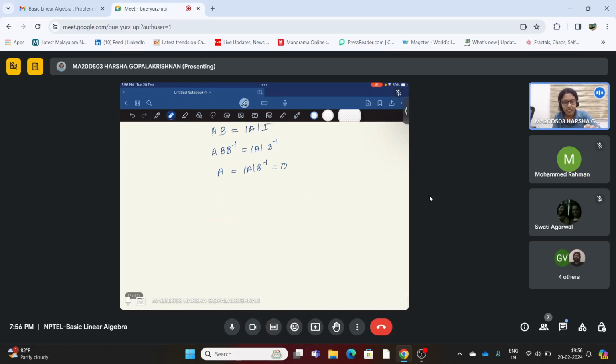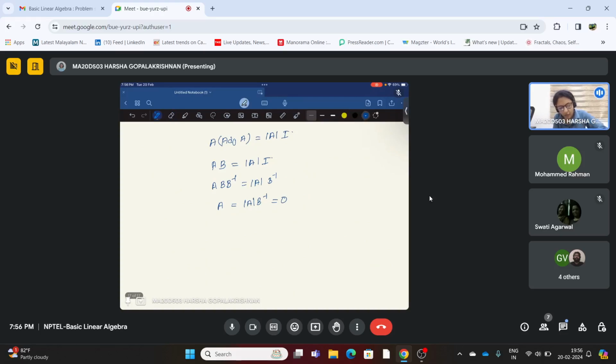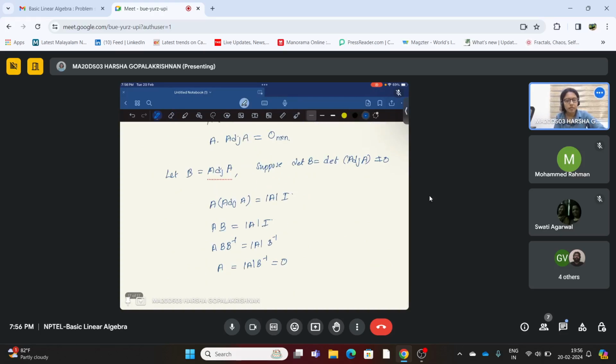What we are getting is A equal to 0. Is this clear till now? Now, what is adjoint of A? A is a zero matrix, correct?